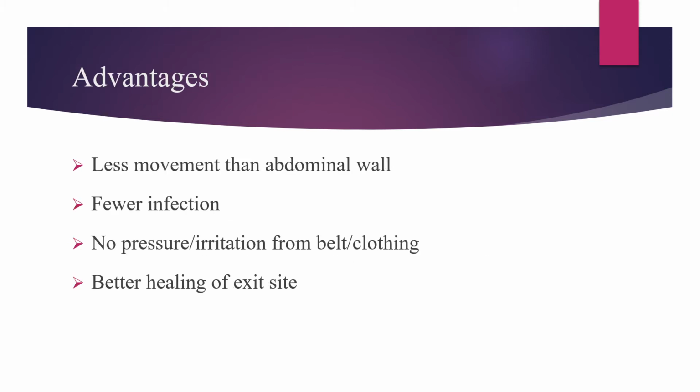The advantages of the pre-sternal catheter are less movement than the abdominal wall, fewer infections, no pressure or irritation from belt or clothing, and better healing of the exit site.